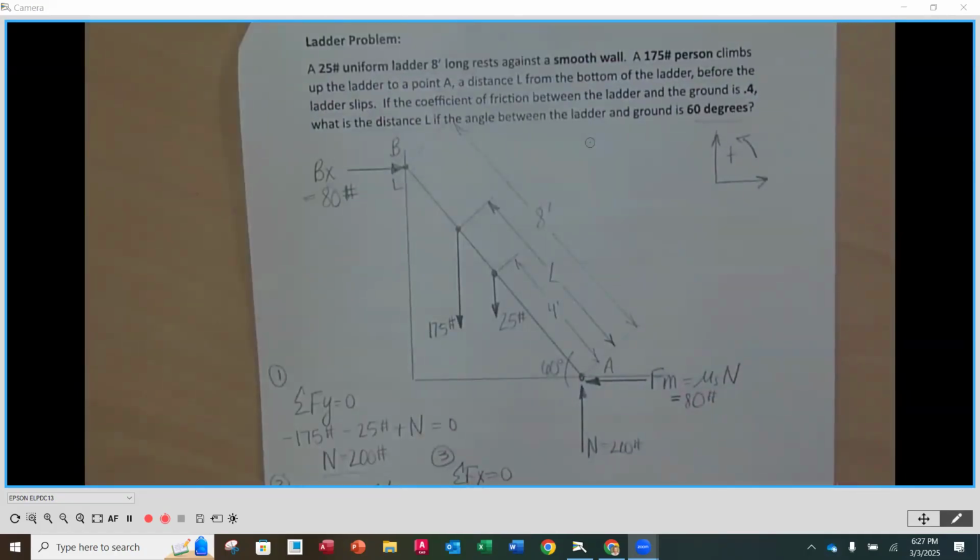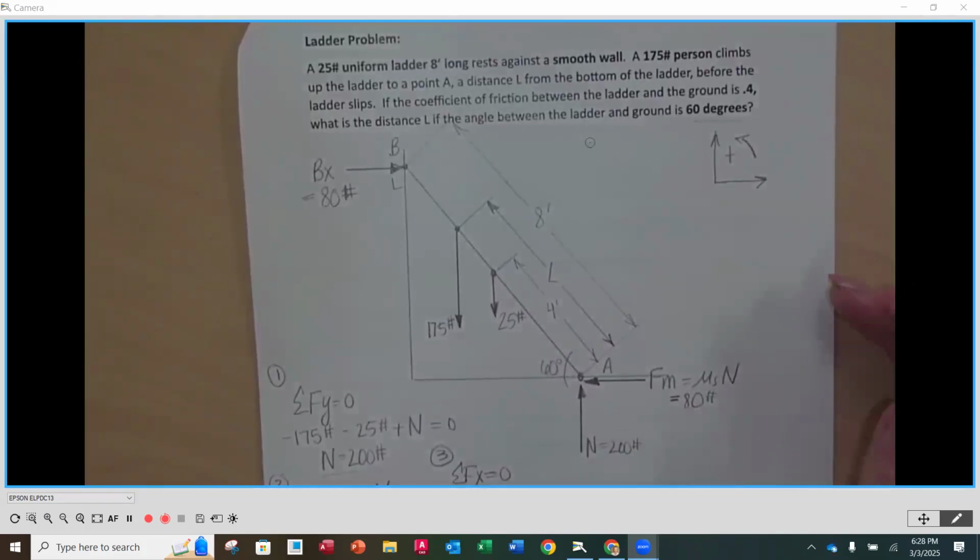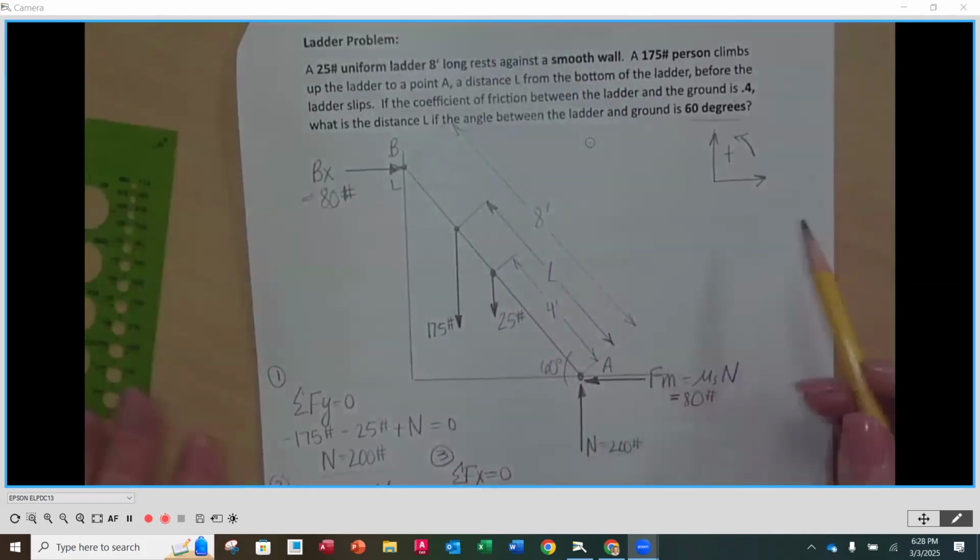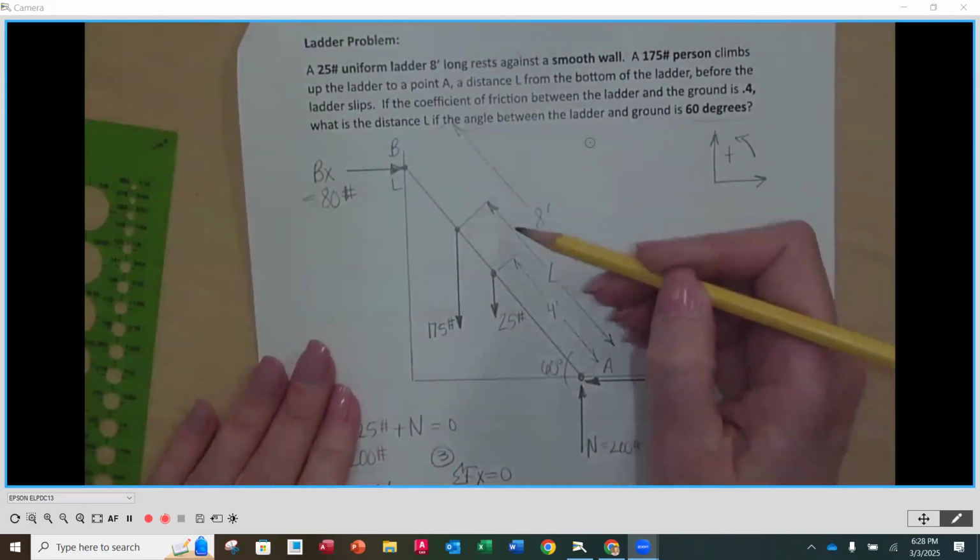All right. Now, I'm not to where I need to be because I want to ultimately find L, but I do know now all of the forces that are acting, support and applied loads, right? And that's where I want to be if I can find my L. So as we look here, I want to find what L is, right?